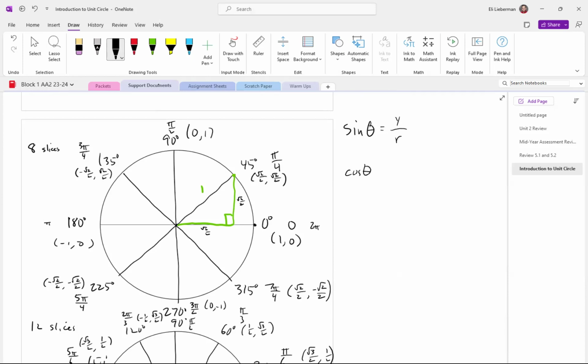And cosine of theta is equal to X over R. And what's special about the unit circle? The radius is 1. So what's going to happen to both of these fractions if the radius is 1?